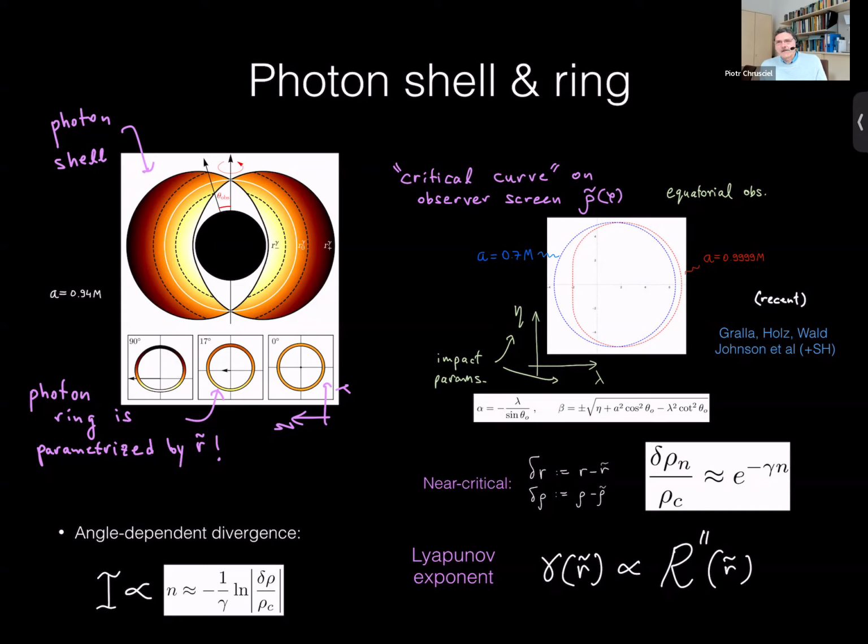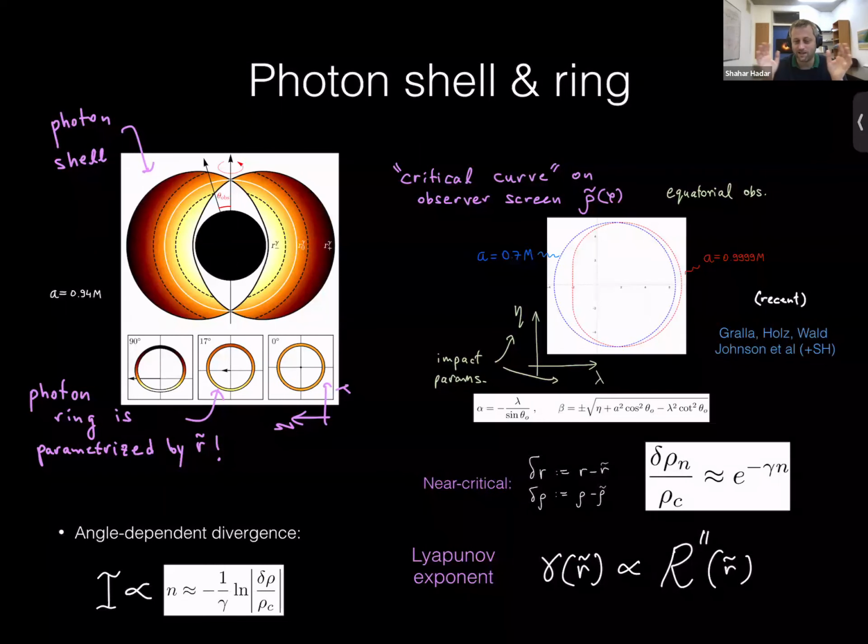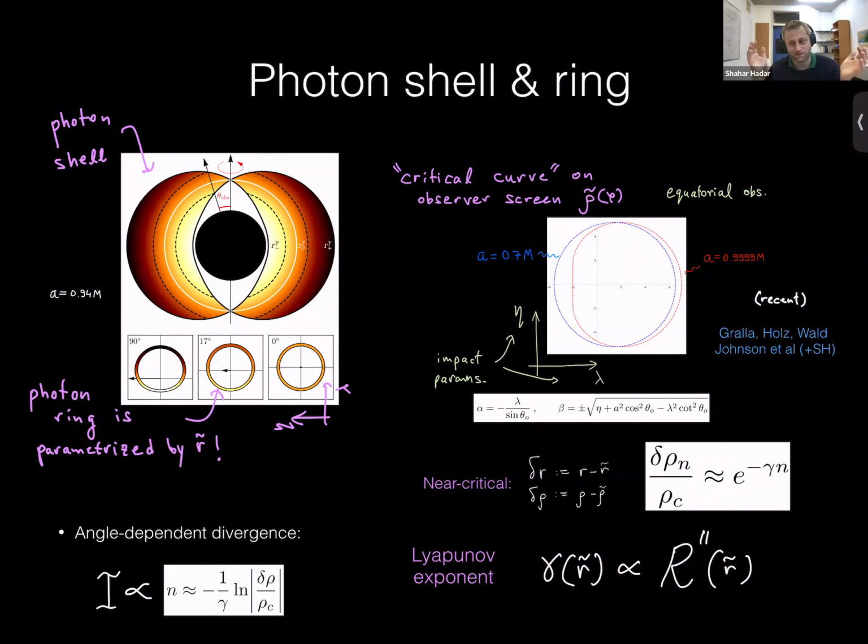So I still don't get this ring definition, because those are the ones that asymptote to the shell. Well, actually, the ones that contribute to the ring are the near critical ones. So these are the ones that I talked about in the bottom here. As I said, the exactly critical ones are a measure zero set, so you won't expect them to have any real intensity on the screen, precisely speaking.